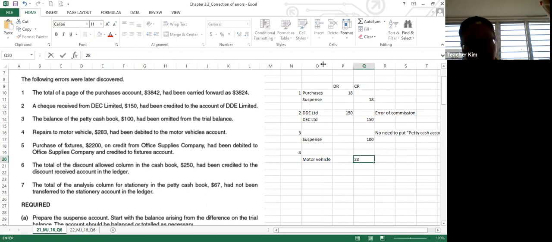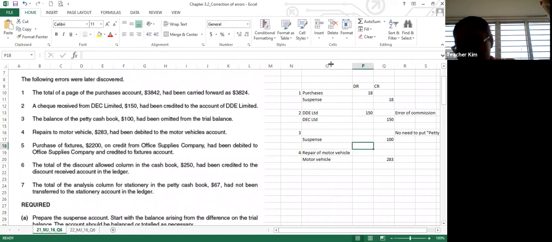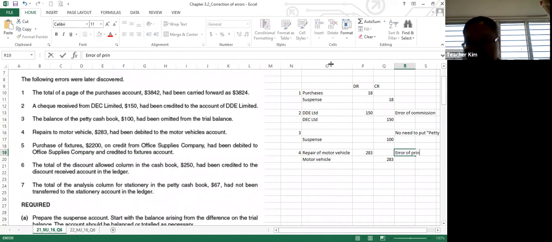So 283, and put it back to the repair of motor vehicle. And this error we call error of principle.